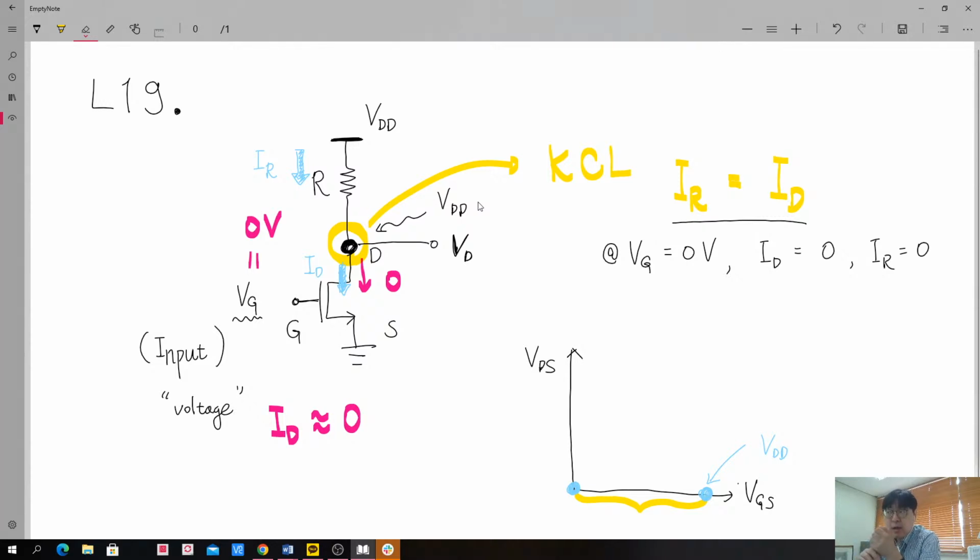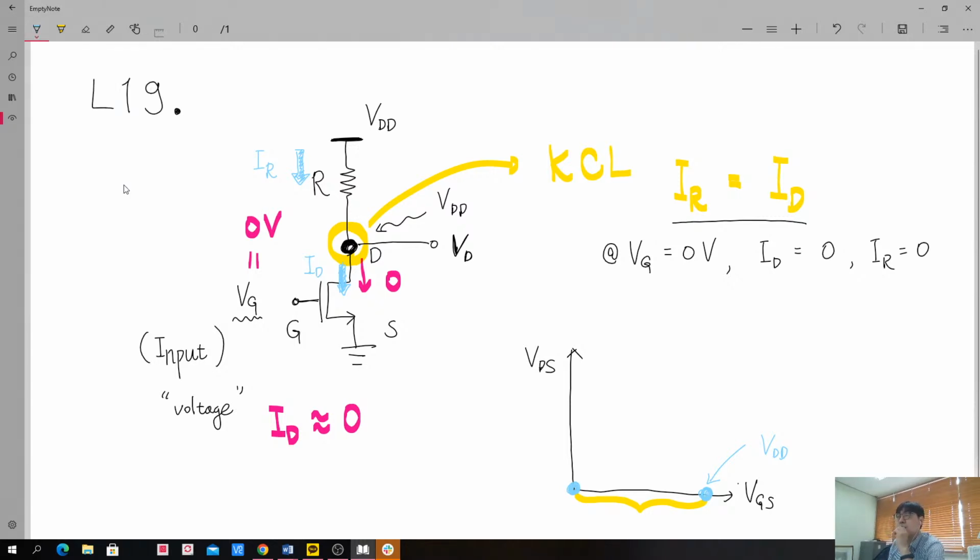And from the viewpoint of our MOSFET, although the drain is highly biased to VDD, so the drain to source voltage is also VDD, that is high voltage, since the gate is biased to 0, we don't have any current conduction. Now you can understand the answer of our curve.